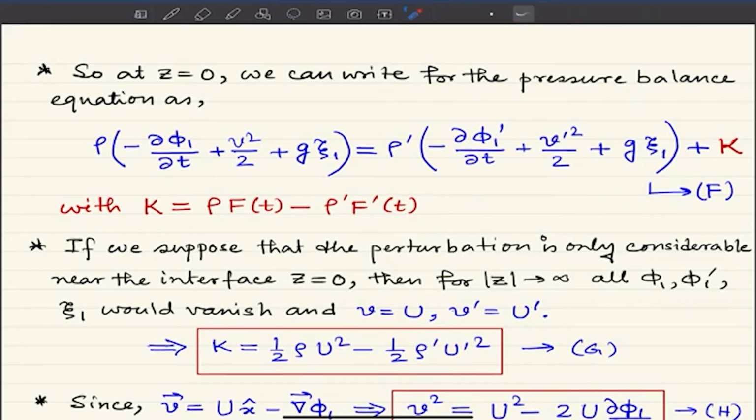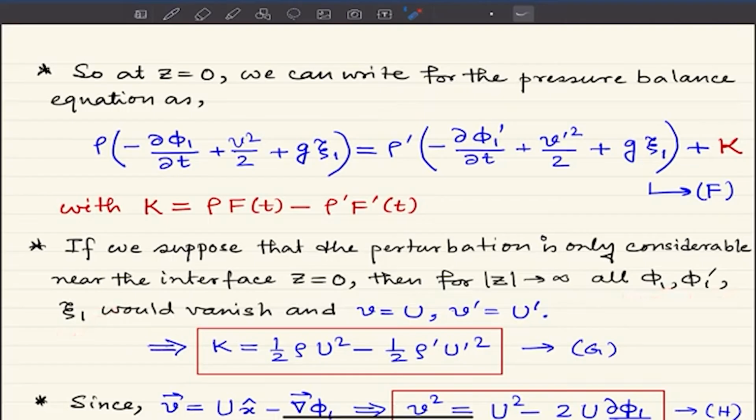Please check that. Now, if we suppose that the perturbation is only considerable near the interface z is equal to 0, then for z tending to plus or minus infinity, phi 1, phi 1 prime and xi 1 would vanish, and we get the original steady state. That means v is equal to capital U and v prime is equal to capital U prime, so they are constants, and all the perturbed quantities are 0.